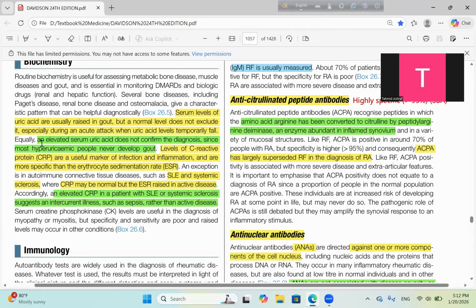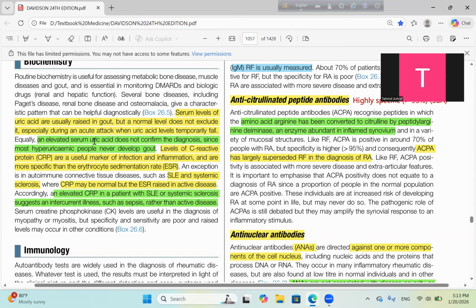It is typically raised in gout, but not a universal feature, especially during an acute attack of gout, when uric acid levels temporarily fall. Davidson says that in acute attack of gout, the uric acid level in the blood paradoxically falls temporarily. Then it slowly rises. So in acute attack of gout, the uric acid level will be rather low.